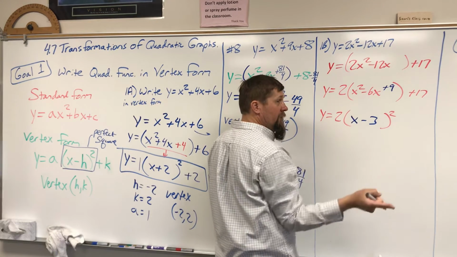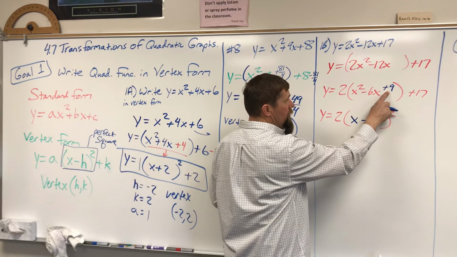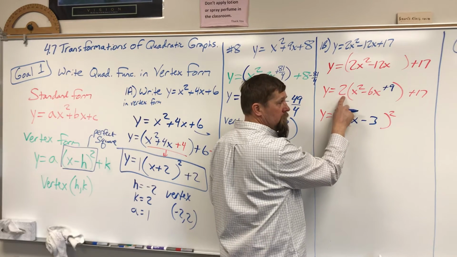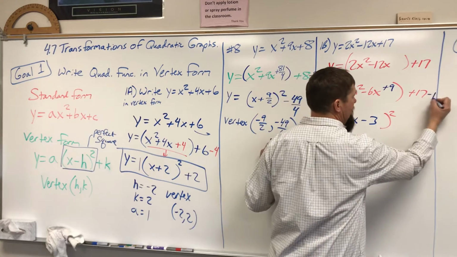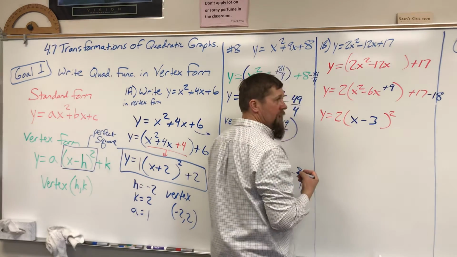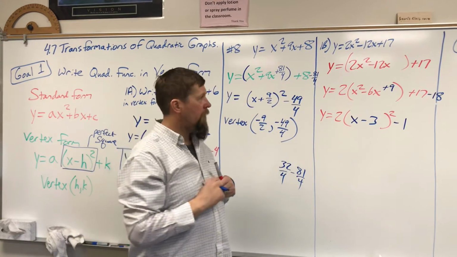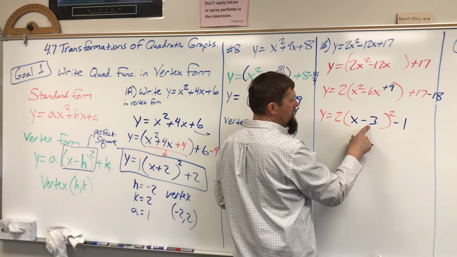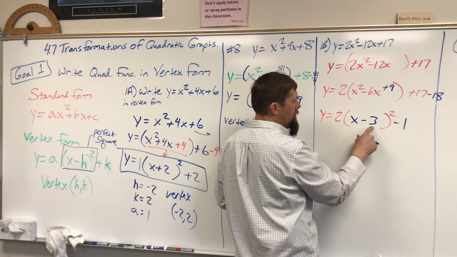However, this is a very tricky part. I added 9 here, but what I really added was 9 times 2, which is 18. So I have to subtract 18 on the outside. I'm going to say that one more time. I made this a perfect square by taking half of 6, which is just -3.